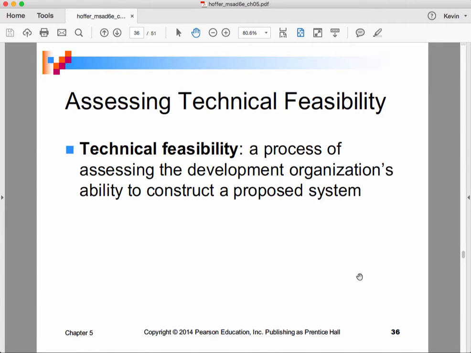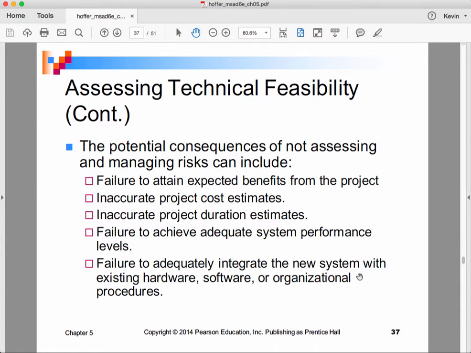Now, in addition to all this economic feasibility for a project, it needs to be technically feasible as well. Technical feasibility is a process of assessing the development organization's ability to construct a proposed system or to buy one that's already constructed, either one.